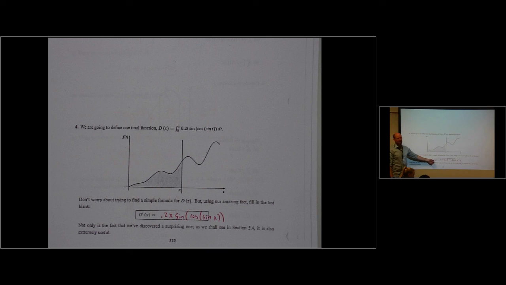So this is actually amazing, right? This is an incredibly complicated function. The base function is super complicated, and then we're taking the area of that function from 0 to x. But we know how to find its derivative. We know what the derivative of this very complicated function is.